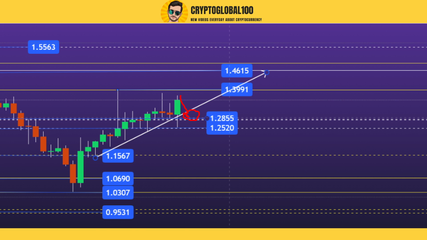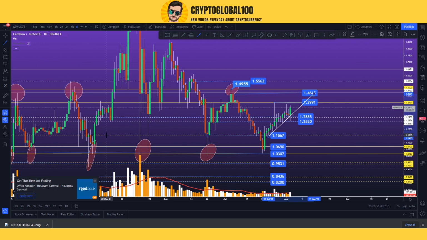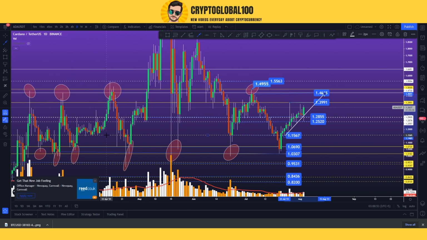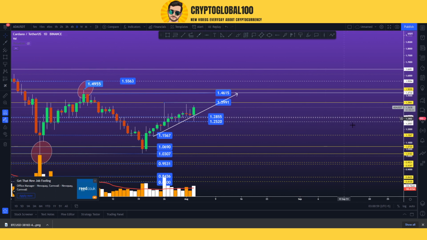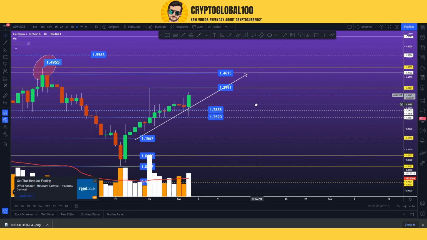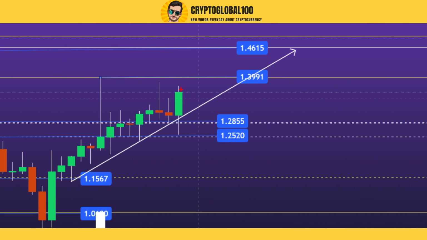While it's in the uptrend, from this area we might see a move downside, approximately around here. If we go back in history, let me show you this area. Yeah, this one, 1.28. If Bitcoin falls further, we are going to see the price go down to this area, 1.28 to 1.25.